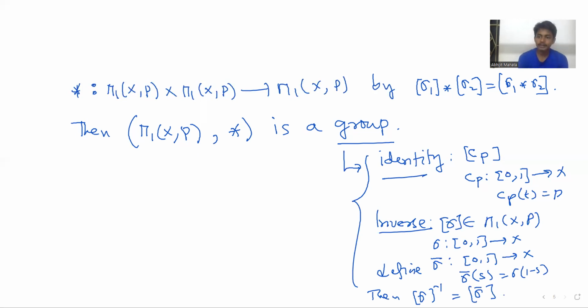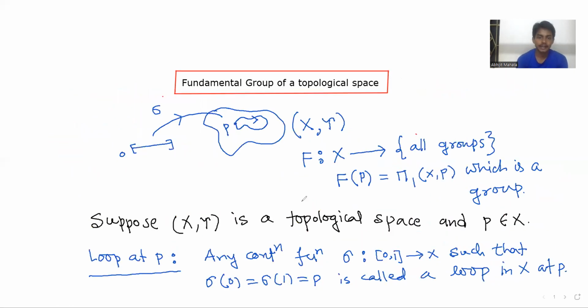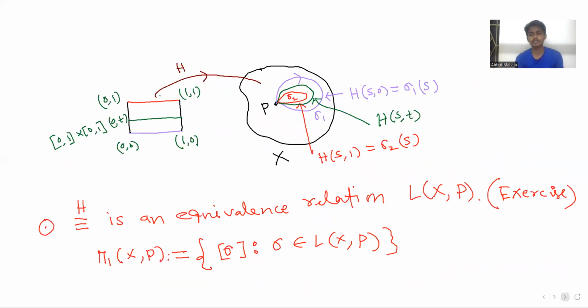So what we get is that if we take a topological space X and consider a point p, then we can define a group at that point. So what is the idea? Basically, take all loops. Then you say two loops are equivalent if there is a homotopy between them. Then the collection of all equivalence classes under this star, sometimes called the product of two paths, is a group.